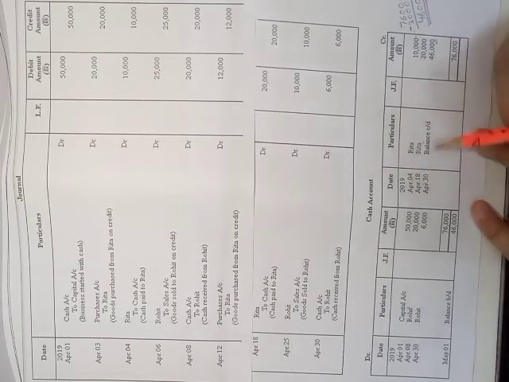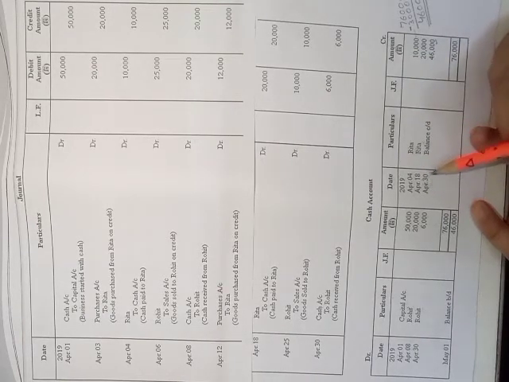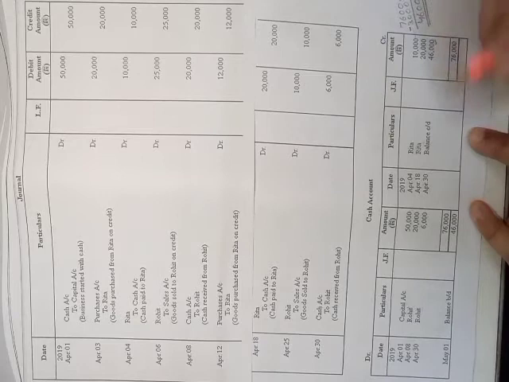So we are finding the balance on the last date of the month, that is April 30, and I have written here balance c/d 46,000. Always you have to write balance c/d on or above the total of the account. This is the c/d. C/d means carried down.